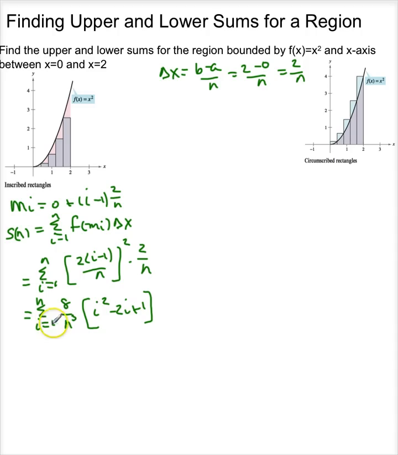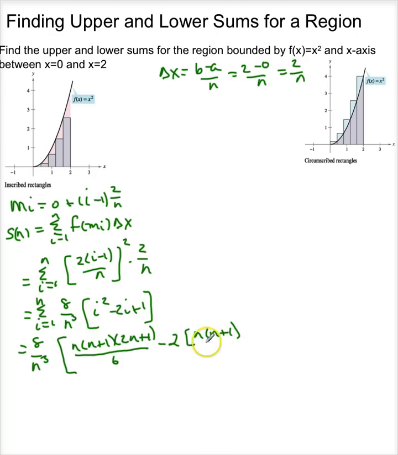So I'm going to factor this 8 over n cubed out and then do the sums. I know the sum as i goes from 1 to n of i squared is n times n plus 1 times 2n plus 1 all over 6. Then it's going to be minus the sum of i, which is n times n plus 1 over 2, plus n.